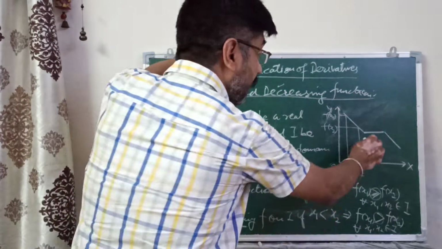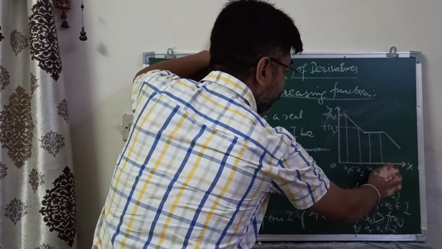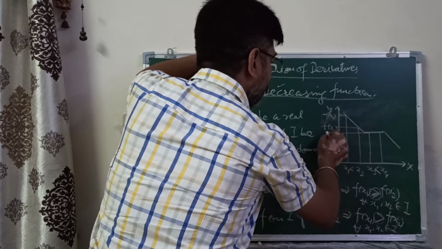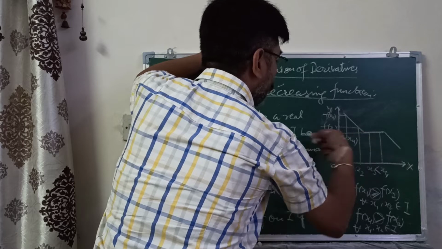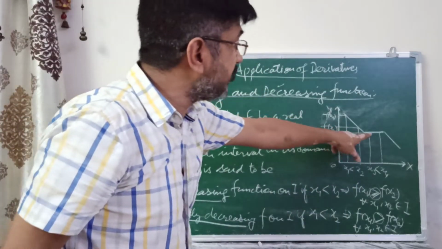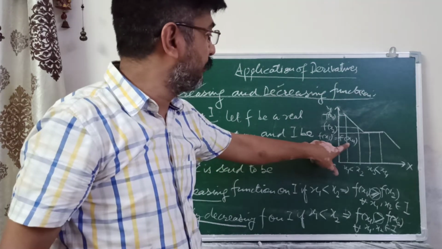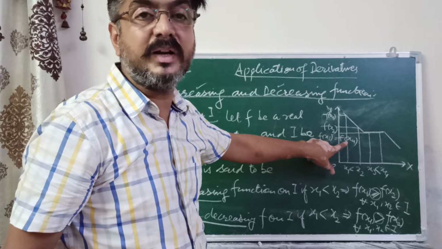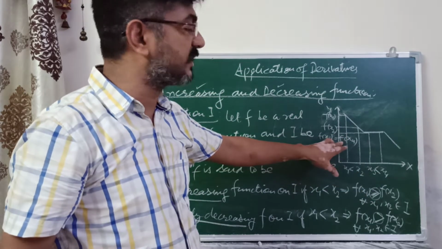But in this part, x3, x4, this is also smaller than this, but fx3 equals fx4. In this part of the graph, these two points fx3 and fx4 are the same. It means on different values of x, the function is giving the same value.